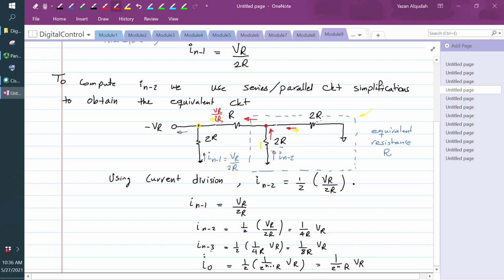I can calculate IN minus 3 is going to equal 1/2 multiplied by VR over 4R, which is 1 over 8R multiplied by VR, and all the way to I0, which is going to equal 1/2 multiplied by 1 over 2 to the n minus 1 R multiplied by VR, which is equal to 1 over 2 to the n multiplied by R.